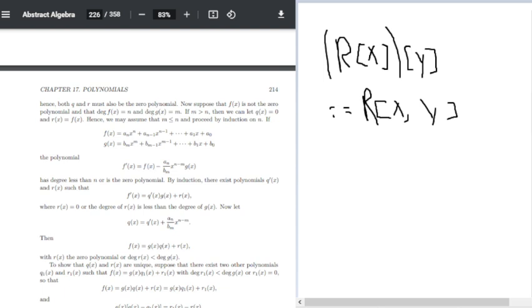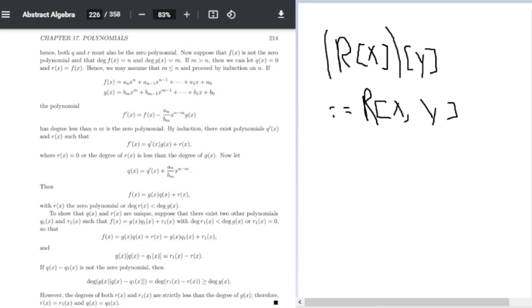And f prime of x in this case is not referring to a derivative. They start using this and they start doing casual notation to get you more comfortable with it, because a lot of times we'll just use primes for alternative expressions derived from stuff, not for derivatives. So just want to put that note there. So the polynomial f prime has degree less than n, or is a zero polynomial.